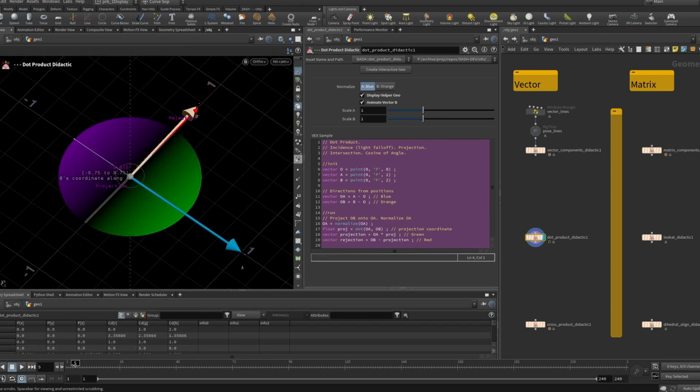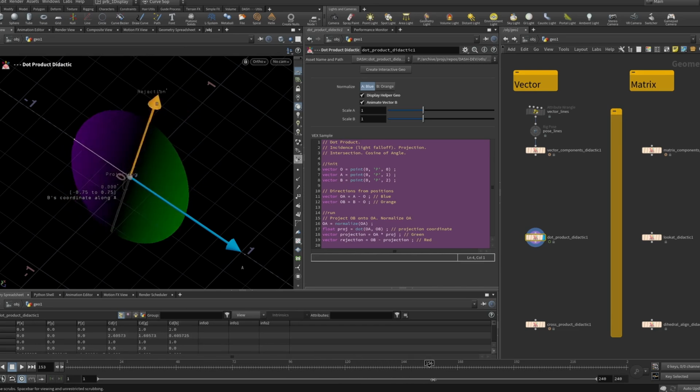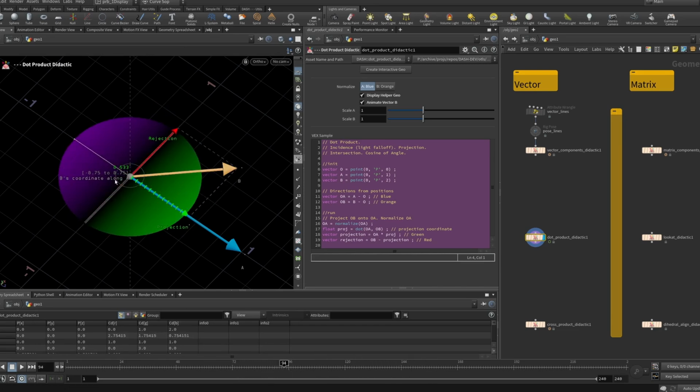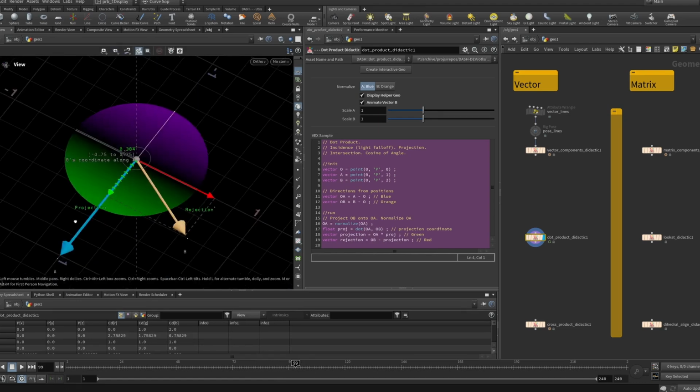And so in the end, this gives us two vectors that are like the decomposition of one vector according to the direction of the other vector, and allows us to basically do operations on each of the components separately and maybe add them together again. Because of course, if I do projection plus rejection, what I get is B again, right? But this is like splitting my vector into a set of coordinates that are not the main coordinates.